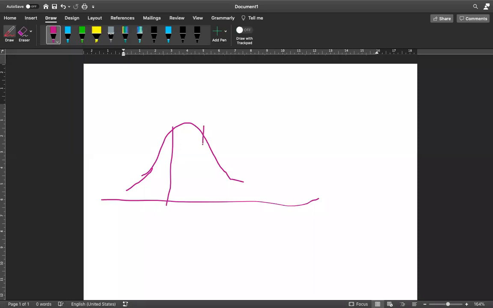The average students, most of them will be concentrated here. Then we have a few people scoring in the 20s and 30s, trying as much as possible to fail. And we also have quite a few people scoring in the 80s, the 90s and the 100s. So we have a lot of people clustered in the middle, and a few people clustered at the edges.